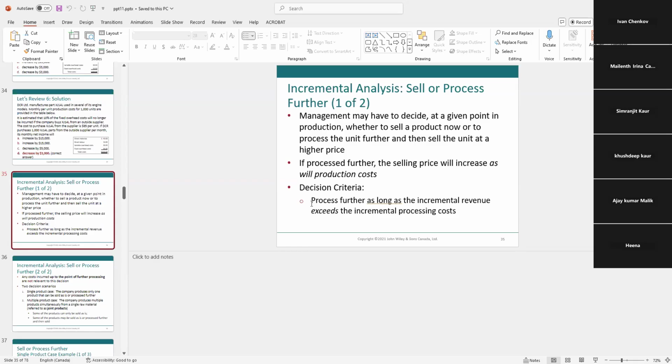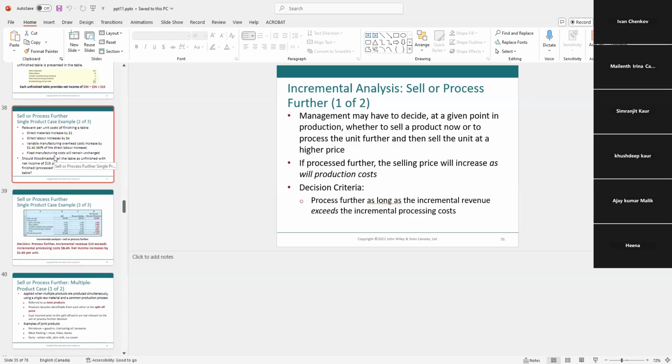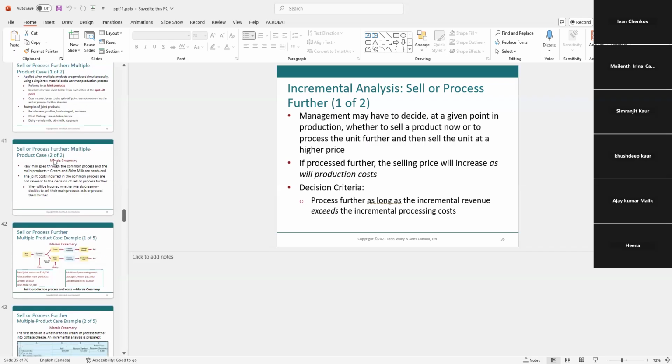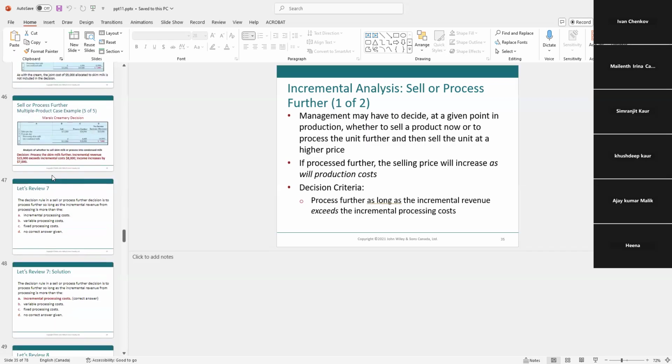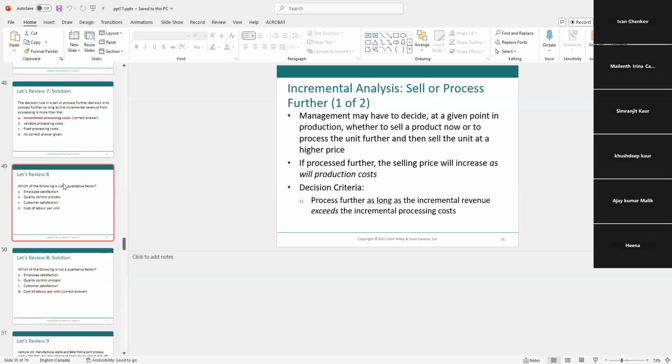As long as additional revenue is more than additional cost, go for it, process it further. If the additional cost is more than additional revenue, then it doesn't make sense. That's for sell or process further.